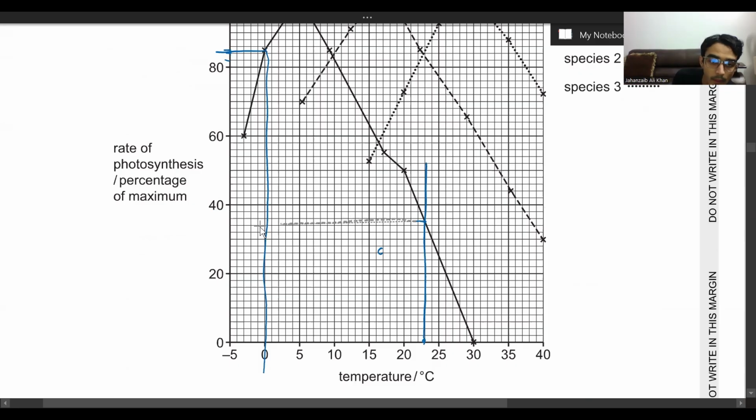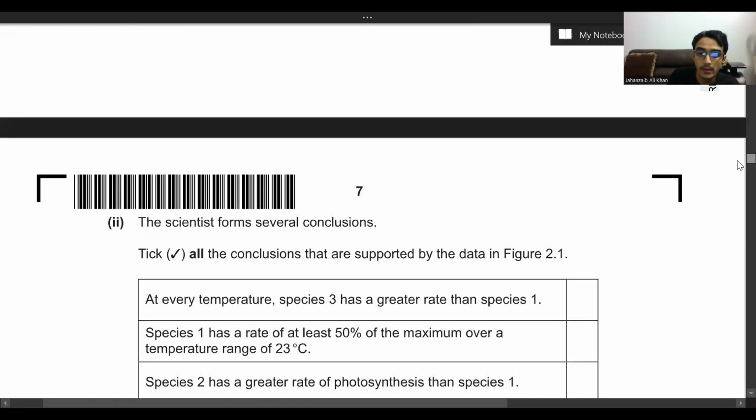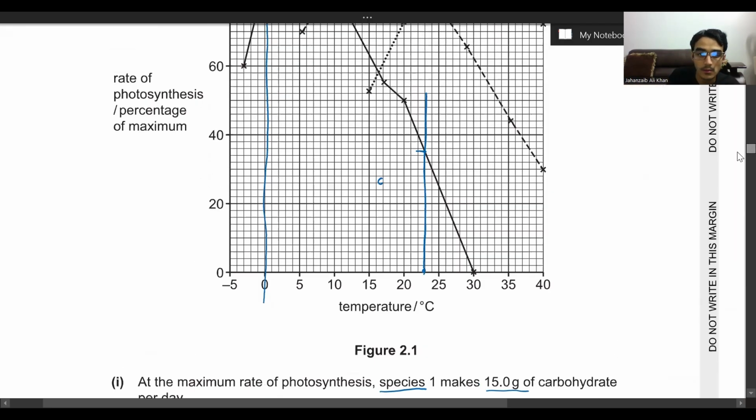This is definitely below 50%. So we aren't going to pick this either.